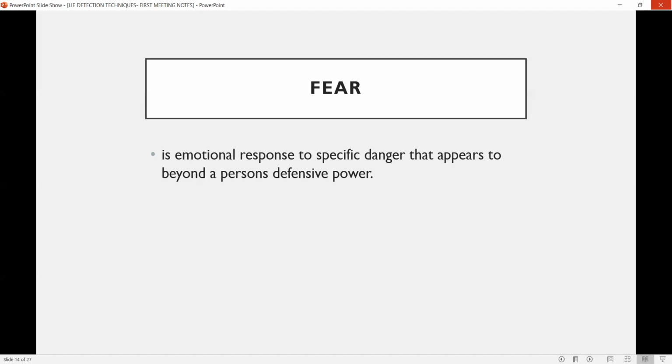Okay, so that's fear. It's an emotional response to a specific danger relating to lie detection techniques. Emotional response. This is fear. It's an emotion to a specific danger, like questioning.